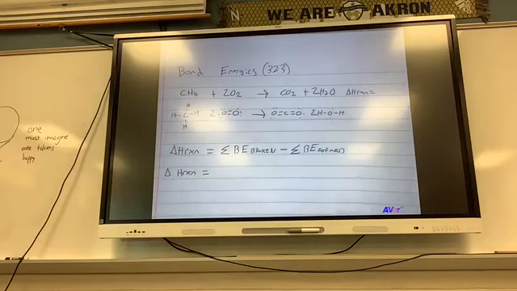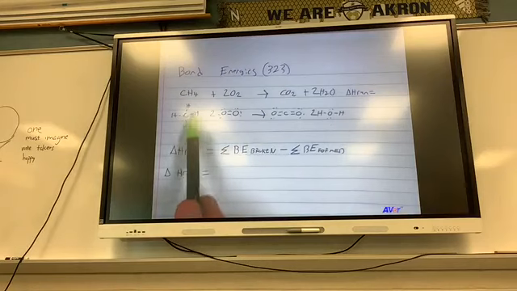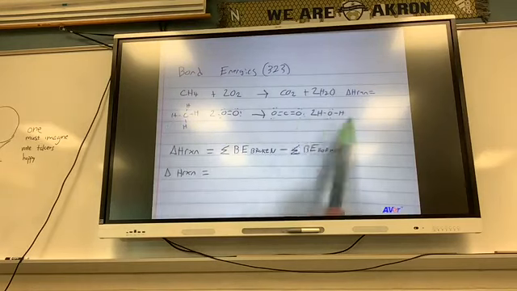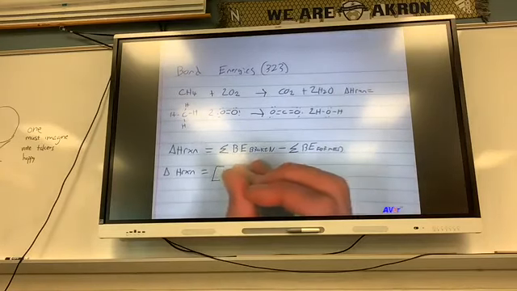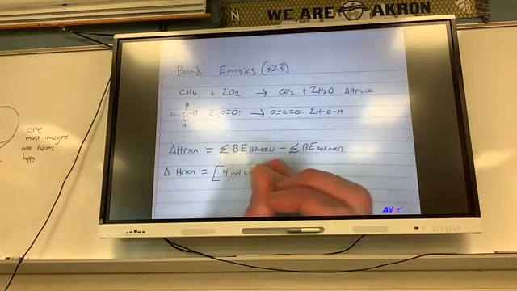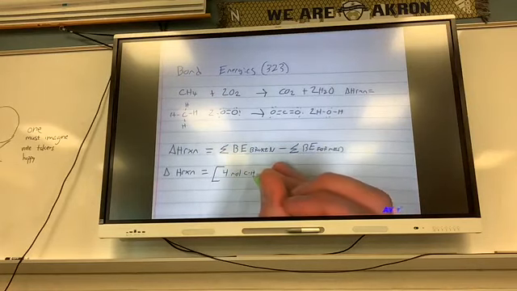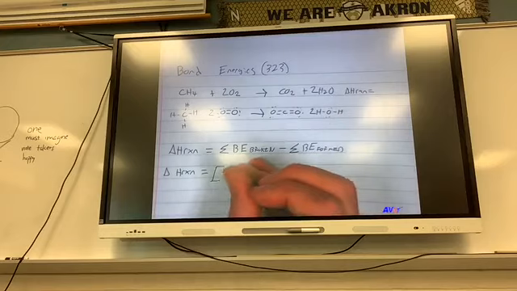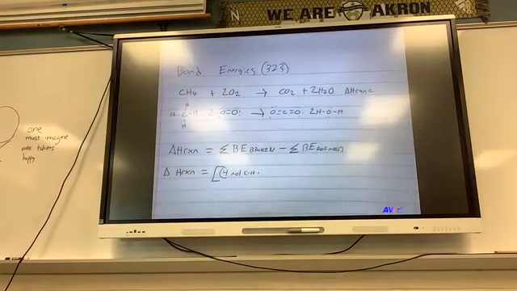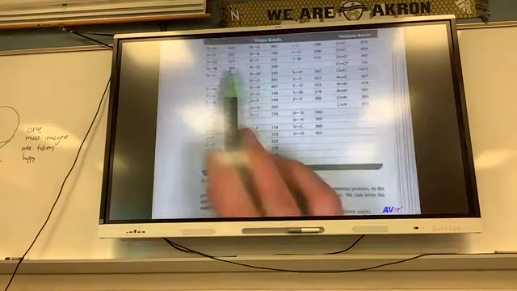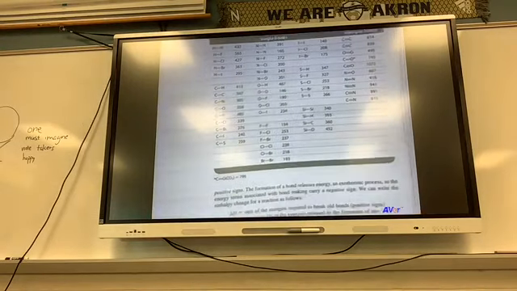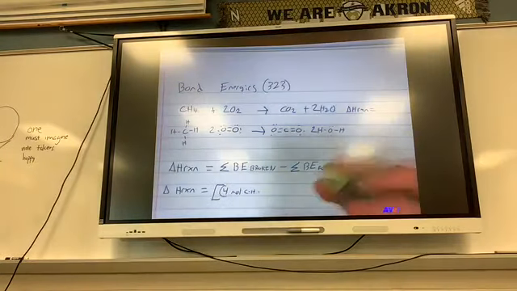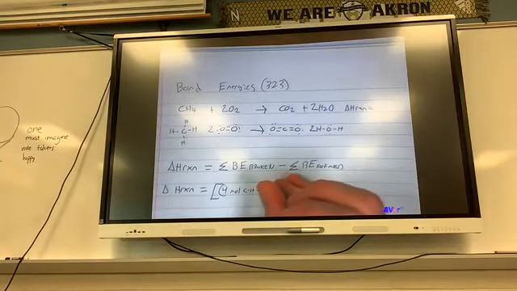Let's start out with our CH bonds. I have to break 1, 2, 3, 4 of those because I have none of those over here. So all 4 of these bonds have to get broken. Here's my sum: 4 moles of CH bonds times my carbon-hydrogen bond on this page, right here, 413 kilojoules per mole.